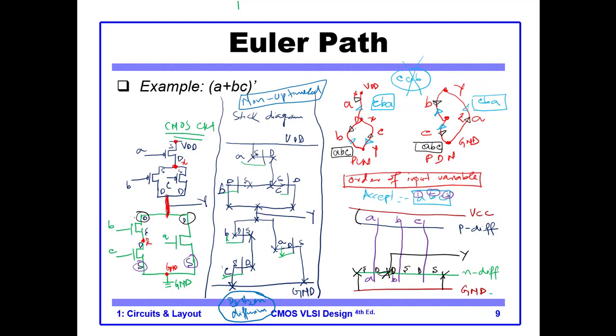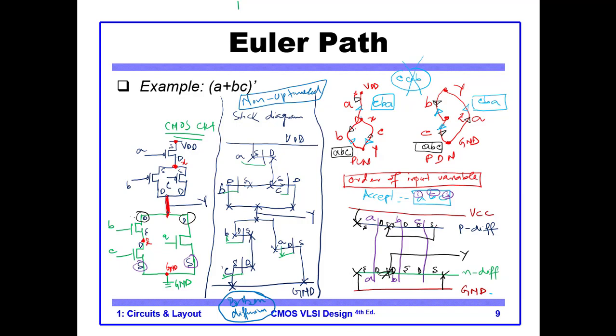So this is VDD, here is our connection, this is the source of A. Then the drain of A is connected to the source of B and to the source of C. So we take this line and we connect it here.